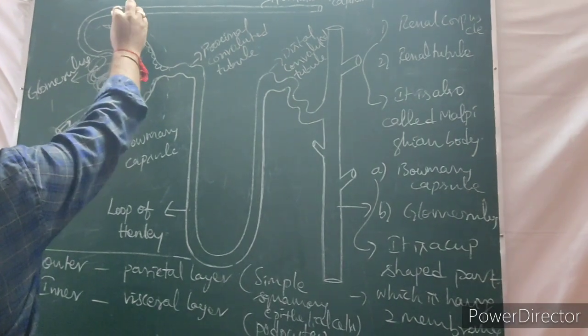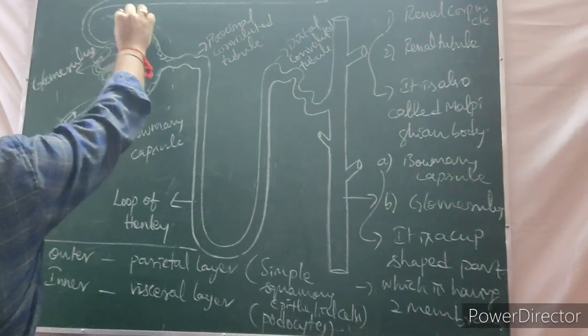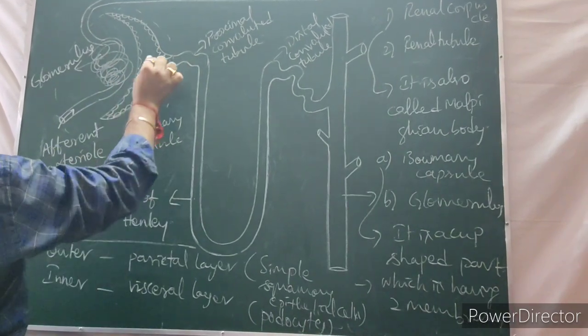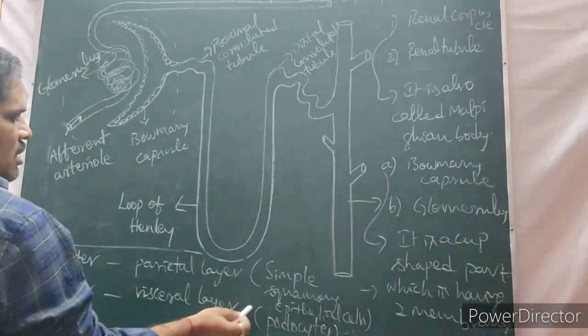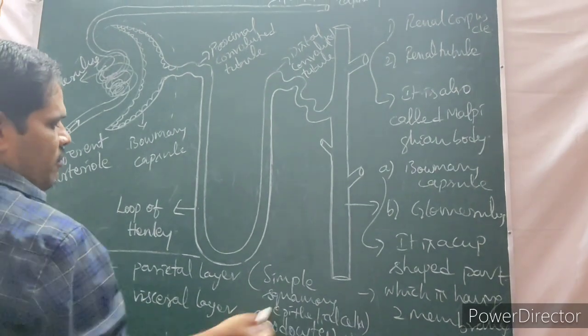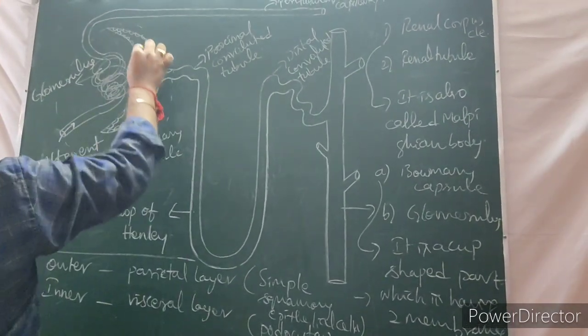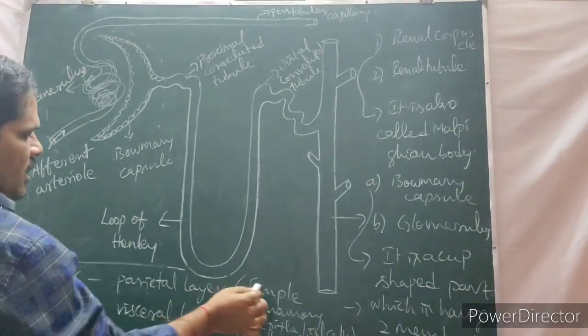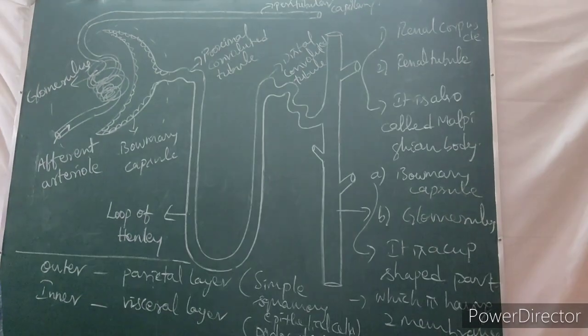The inner layer is nothing but the visceral layer, made up of podocytes.